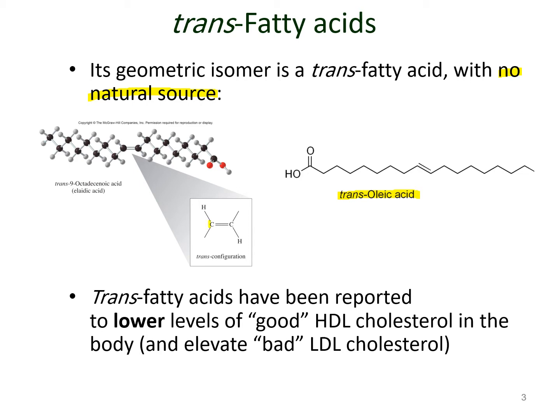We can see the carbon-carbon double bond and the hydrogens are on the opposite sides. One is above the bond and one is below the bond. That's why this one is called trans oleic acid. So as I said, there is no natural source for them. And when we expose the cis fatty acids to very high temperatures for a long period of time, those cis fatty acids are converted into trans fatty acids.